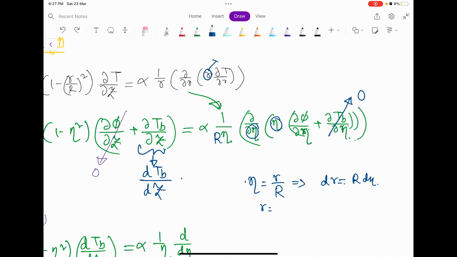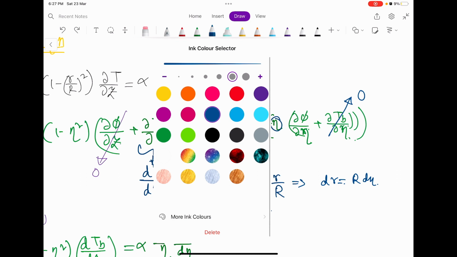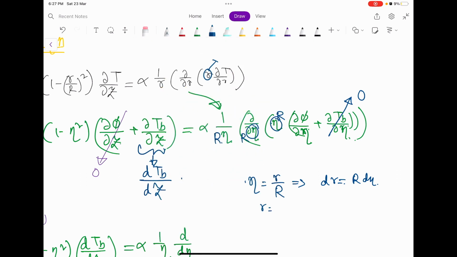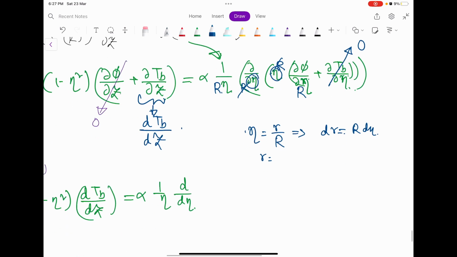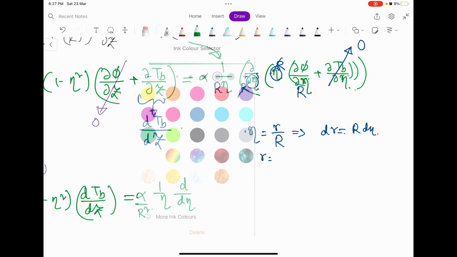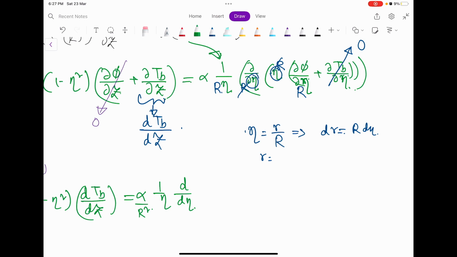So I will multiply one R here, one R above, and again 1 by R, again one R here. So one R and one R cancel out, and 1 by R square will be there. So alpha by R square, 1 by eta, d d eta, into eta, into d phi d eta.